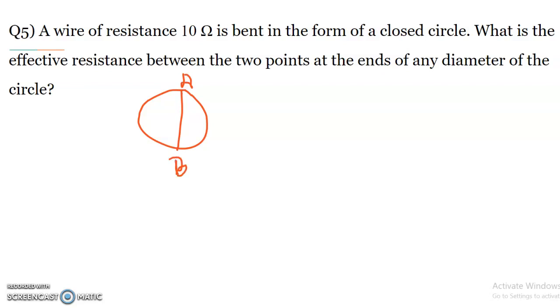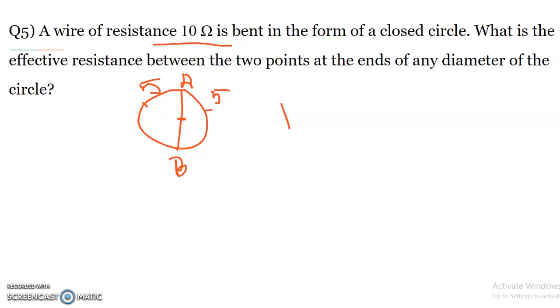So we should know that a diameter can cut the resistance in 2 equal halves. Alright. Now the total resistance is 10 ohm. So each of the resistances of these two halves will be 5 and 5. Okay. 5 ohm and 5 ohm. And they both are in parallel as well. Okay.